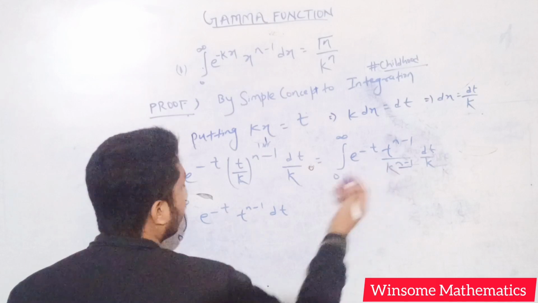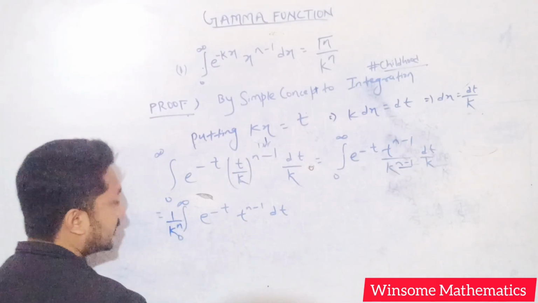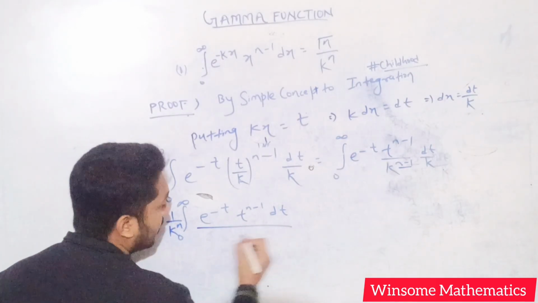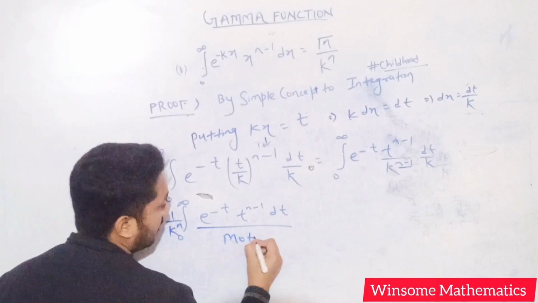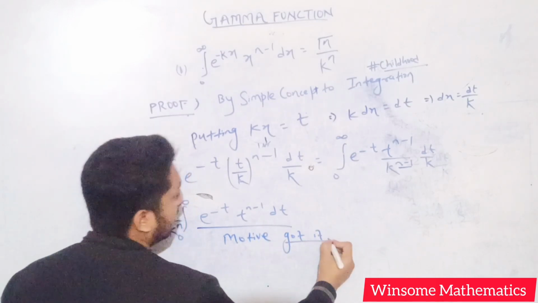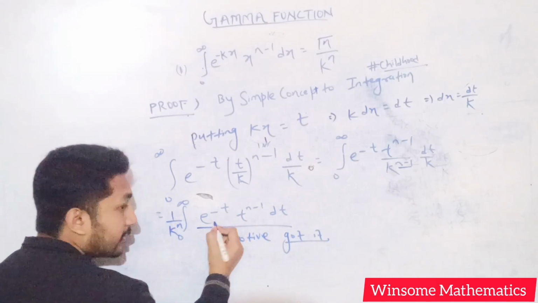So n minus 1 plus 1, that is 1 upon k to the power n. As k is constant, we can write it outside the integration. And this was our motive, and we finally got it.